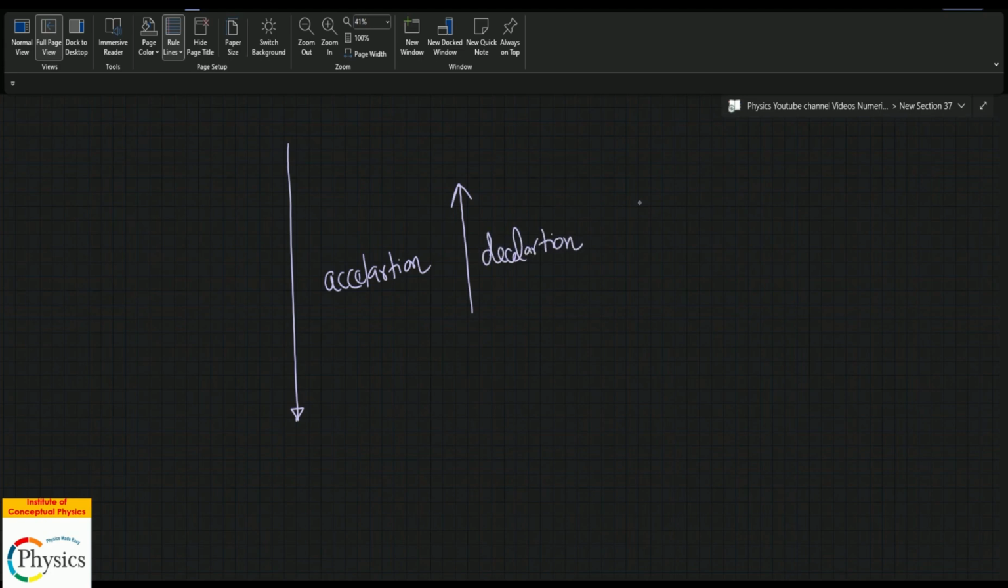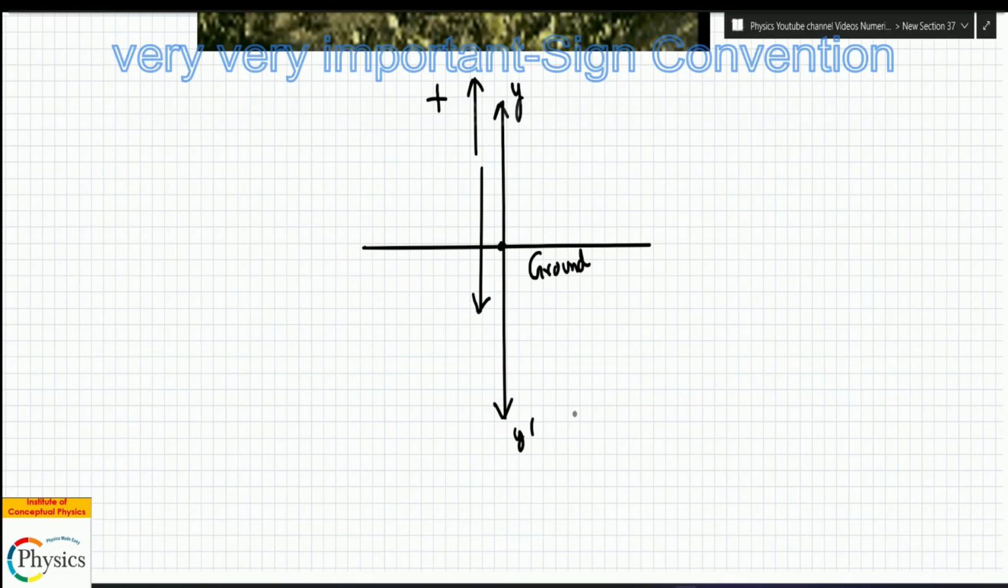But physics has a typical way of defining acceleration and deceleration, which you need to think about, because combined with sign convention, this concept has to be used. Understand what is acceleration and deceleration, and then sign convention.